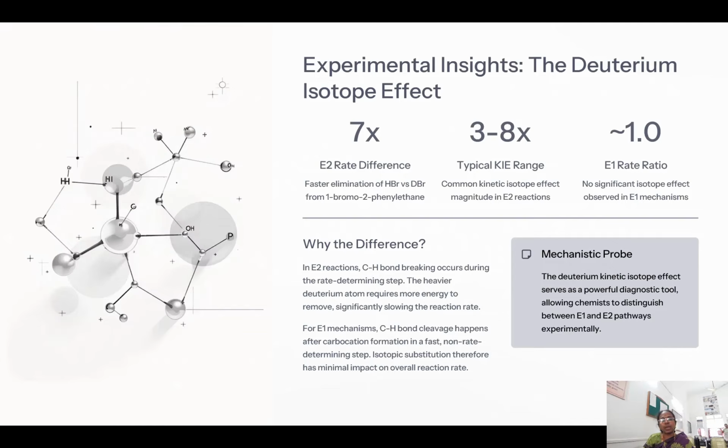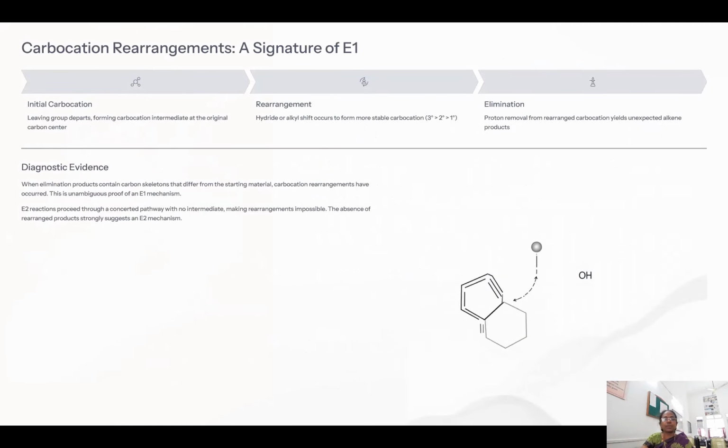The heavier deuterium atom requires more energy to remove, significantly slowing the reaction rate. But in the E1 mechanism, C-H bond cleavage happens after carbocation formation in the fast, non-rate determining step. So isotope substitution therefore has minimal impact on the overall rate of the reaction.